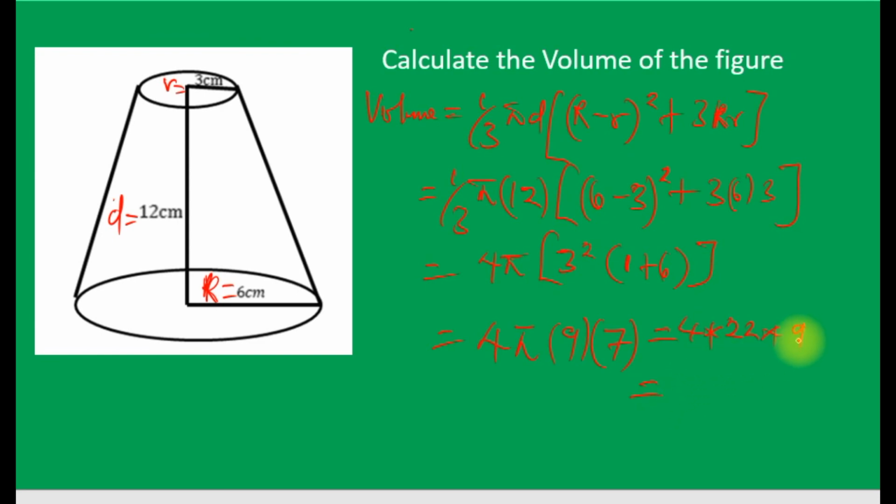So we have 4 times 9 is 36, times 22, which is 12 carry 1, 6 plus 12, 18. 18 plus 1, 19, 9 carry 1, 7. So that's the answer.